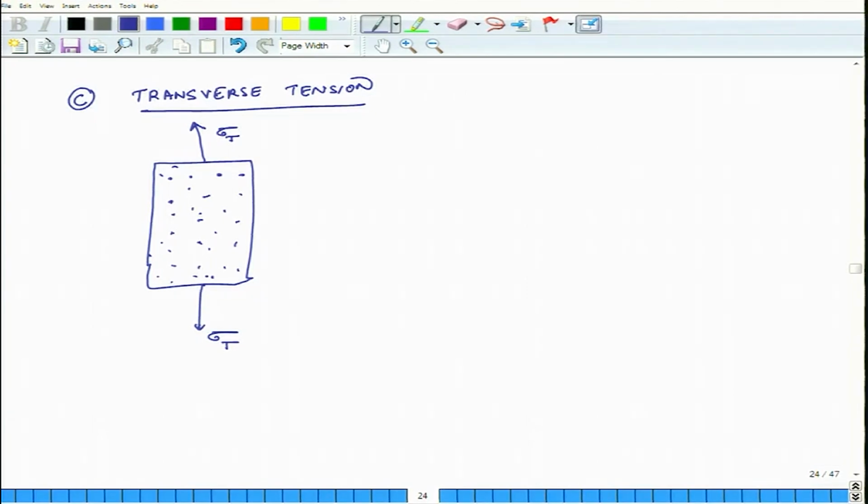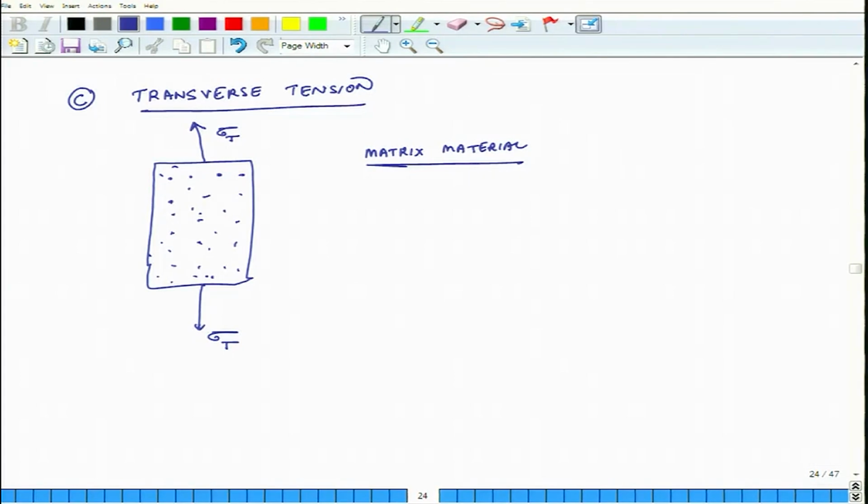And here the most important thing which decides when this is going to fail is the matrix material. Okay, matrix material, that is the most important parameter.